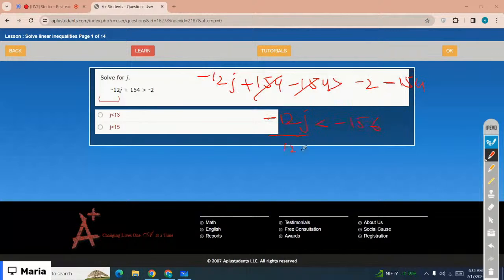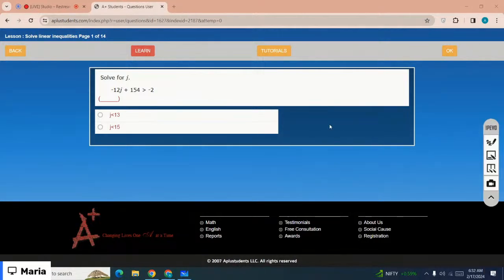Divide both sides by negative 12 now. That cancels out, you are left with j is less than 13. The correct option is j is less than 13. Option number 1 is the correct option.